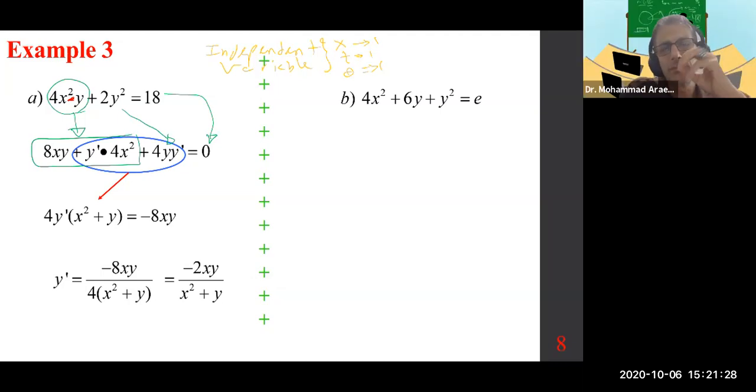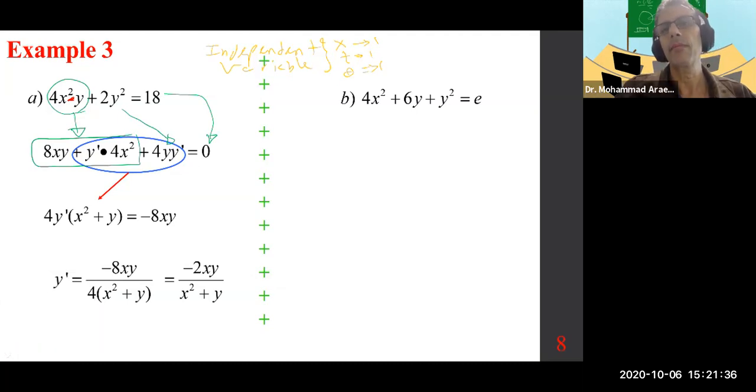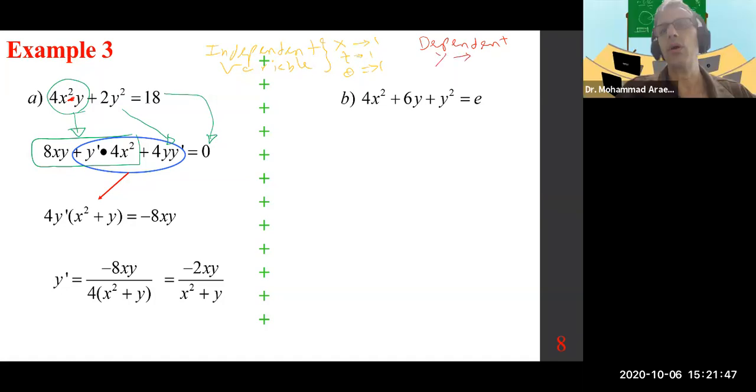However, when the variable is dependent, what is the derivative of y? Y prime.